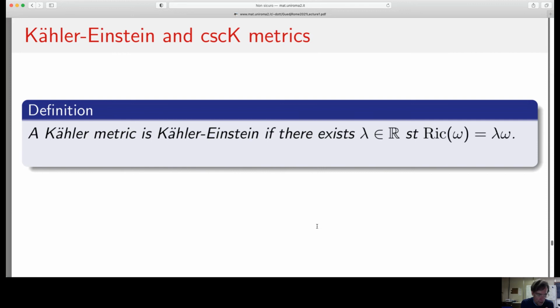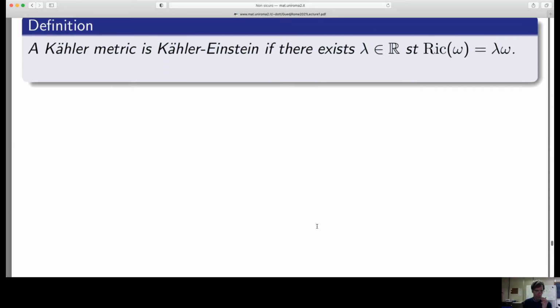A constant scalar curvature Kahler metric is clear. What we mean by Kahler-Einstein is a metric such that the Ricci of omega is a multiple lambda times the form omega itself.